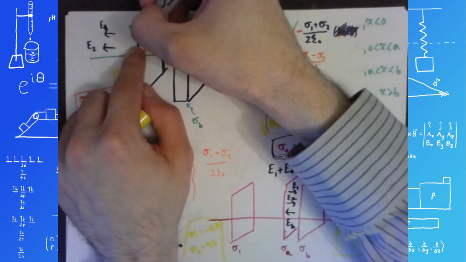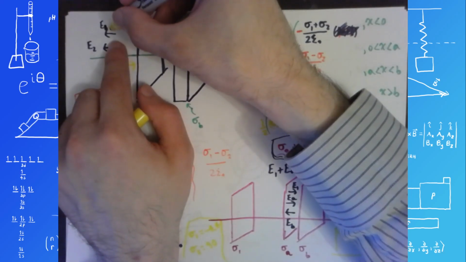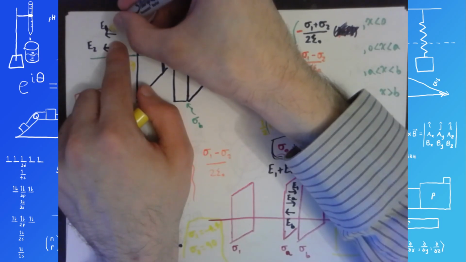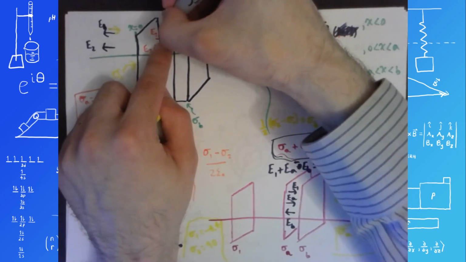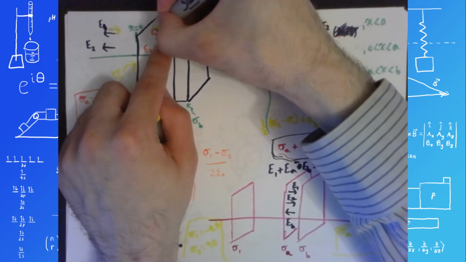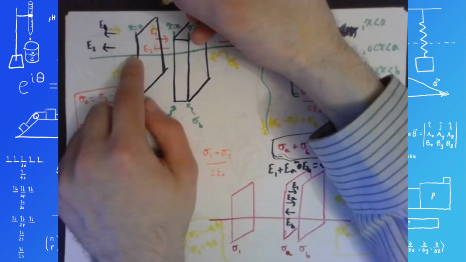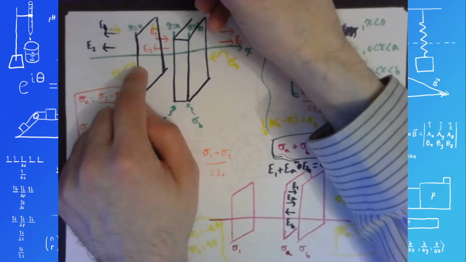If I know sigma 1 to be negative ahead of time, then what I would have done is I would have drawn E1 pointing to the right, like this, on that side, and I would have drawn E1 pointing to the left on the right side of this sheet.